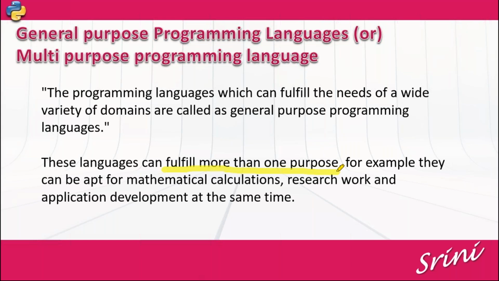There are several languages meant for a particular, specific purpose. A couple of languages are exclusively meant for mathematical calculations, a couple for research work, and a couple for application development.